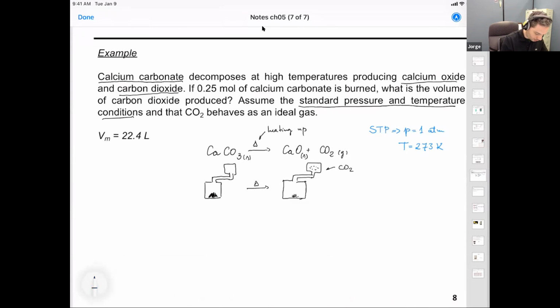From the equation, I know that 1 mole of calcium carbonate produces 1 mole of CO2. I'm correlating calcium carbonate with CO2 because calcium carbonate is the only reagent and CO2 is the only gas being produced, and that's where my interest is.